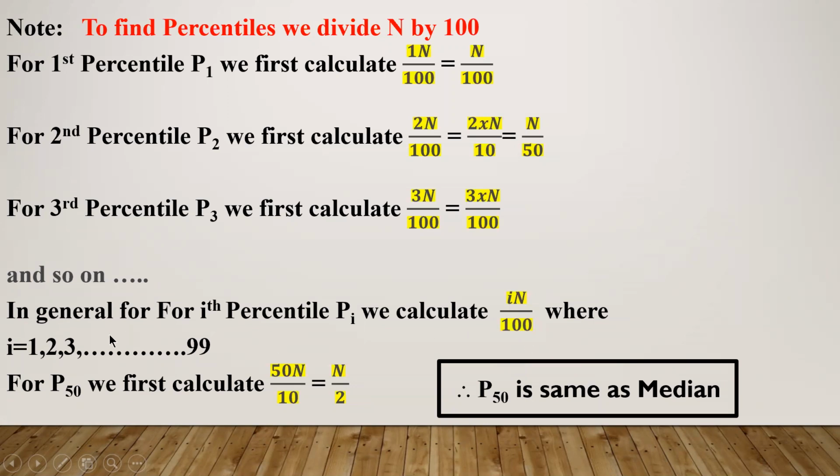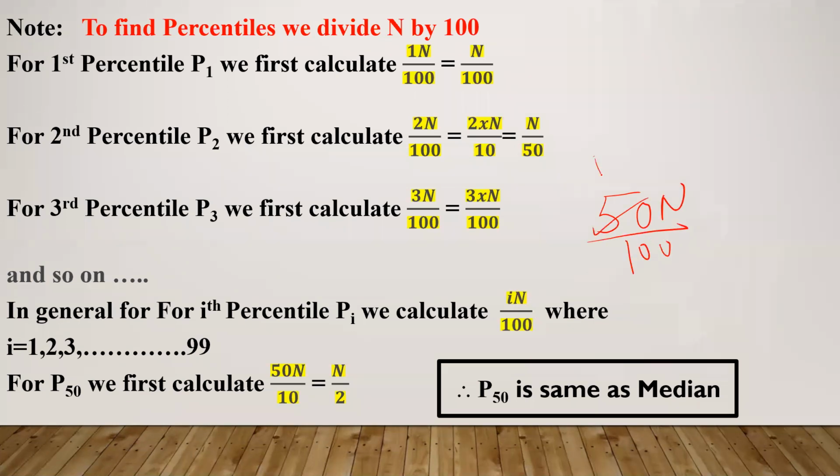If you are calculating the first percentile, put i equal to 1. If you are calculating the second percentile, put i equal to 2. If you are calculating the 50th percentile, you will put i equal to 50, so you will do 50n upon 100, right?